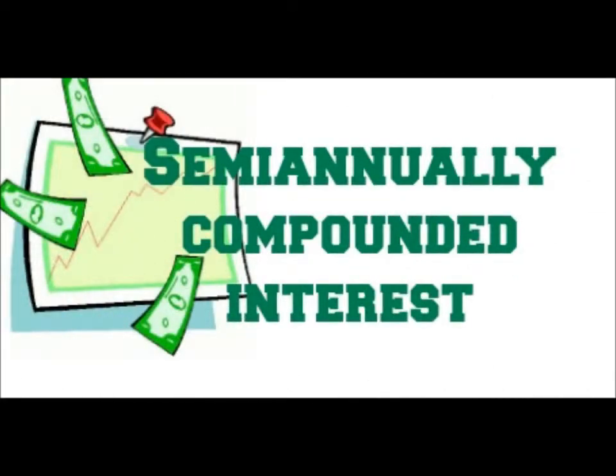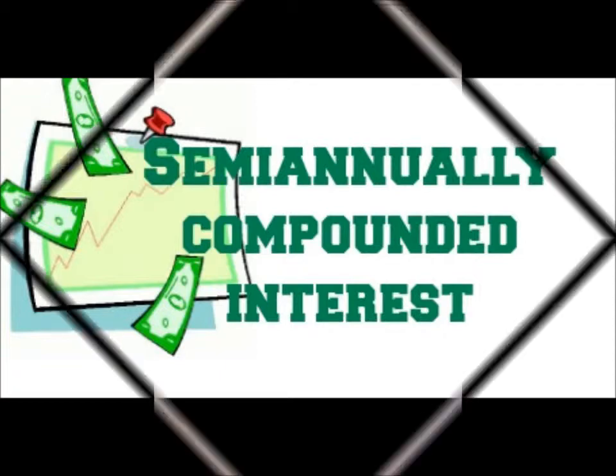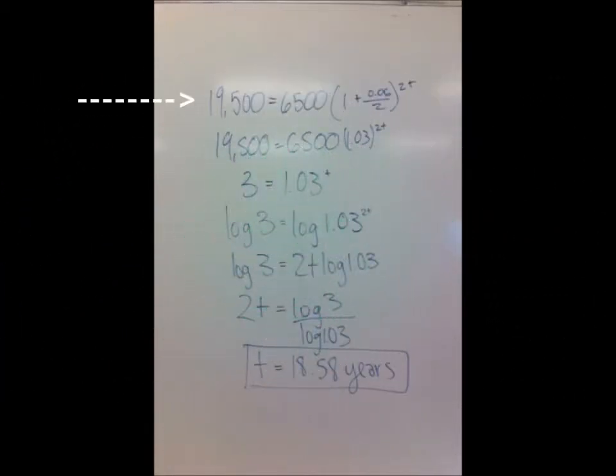So in the semi-annually compounded interest, the variables mean the same, but now we're trying to find t, already knowing that our final amount has to be 19,500.